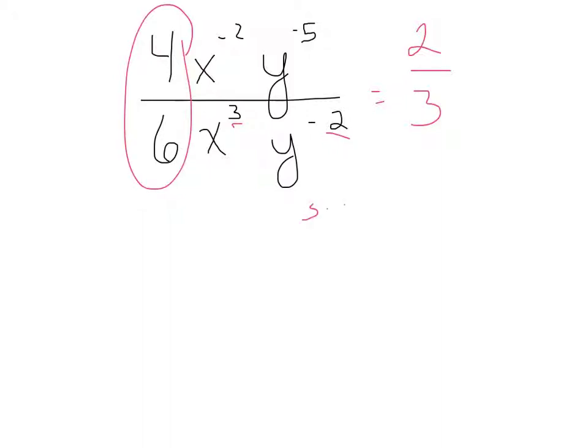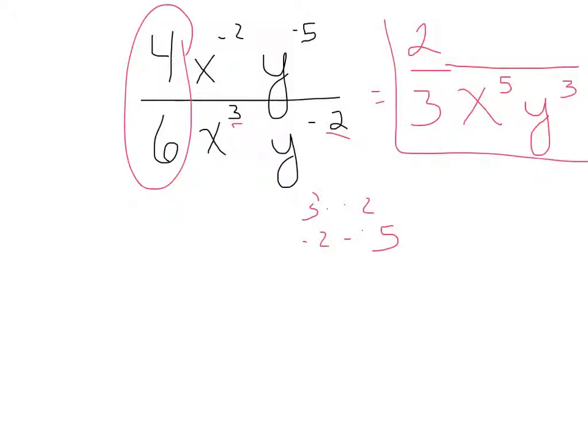Be careful, 3 minus a negative 2 is actually a positive 5, so that positive 5, x, will go in the denominator. Similarly with the y's, negative 2 minus negative 5 is actually positive 3, and that positive 3 is also going to be in the denominator. So that would be an appropriate final answer.